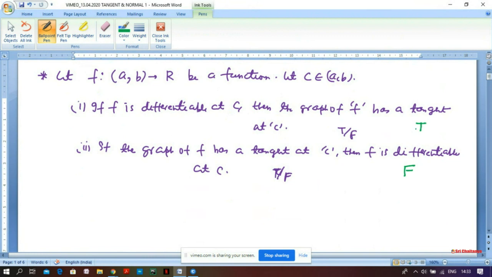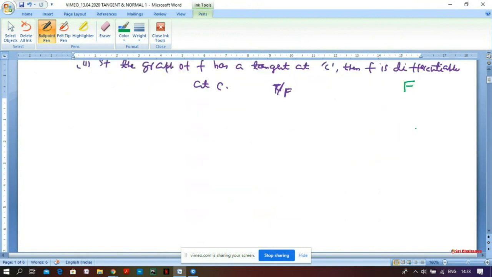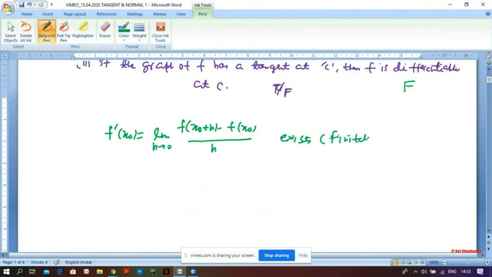The first is a straightforward application of the concept of differentiability and the tangent line. What we are saying is that f prime of x naught is the limit as h tends to 0 of f of (x naught plus h) minus f of x naught, over h. If this exists, I emphasize finitely, it is not infinity or negative infinity, or different from left hand and right hand, because then of course it does not exist.